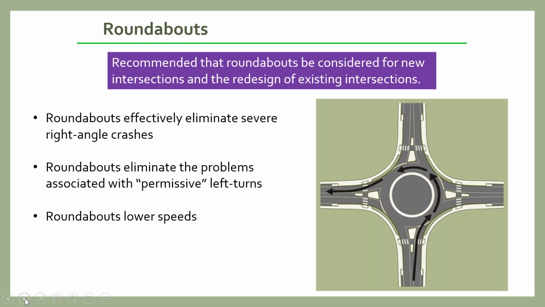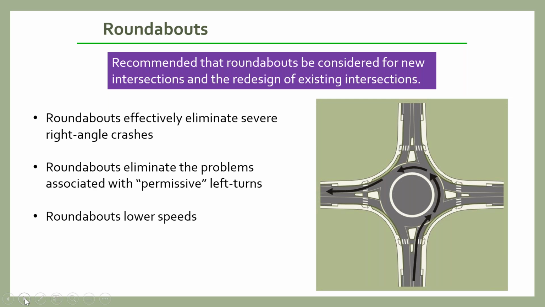So let me make a comparison here, and this is also where the safe system approach philosophy comes into play, that people make mistakes. So let's take a scenario of a driver approaching a signalized intersection.